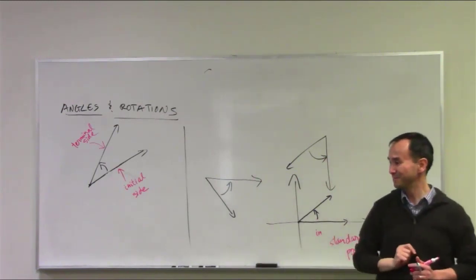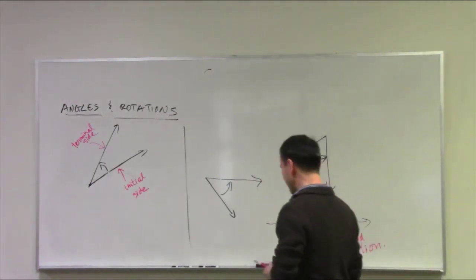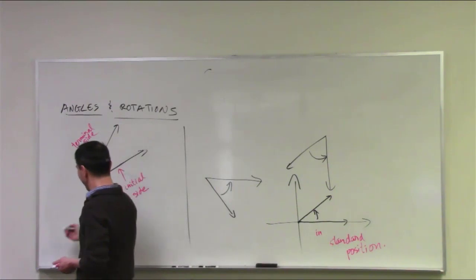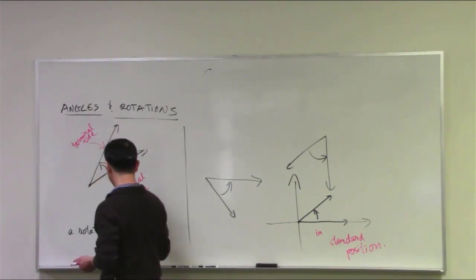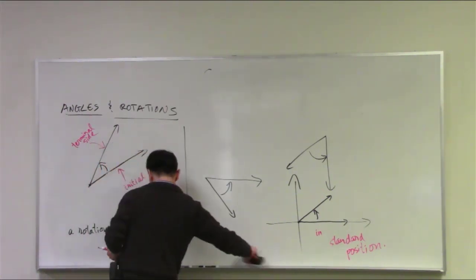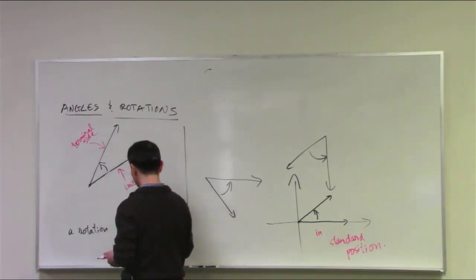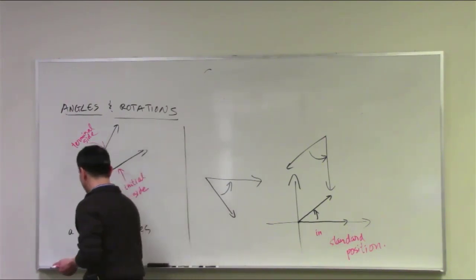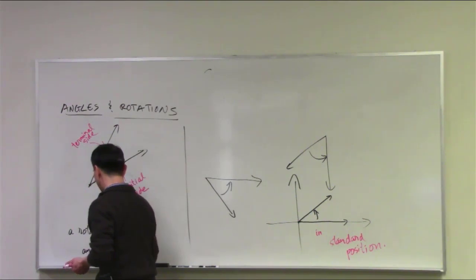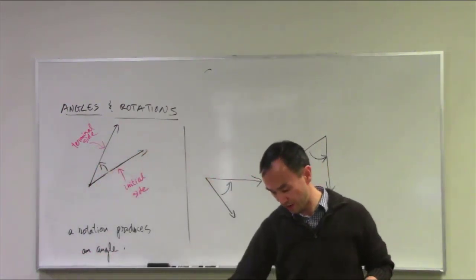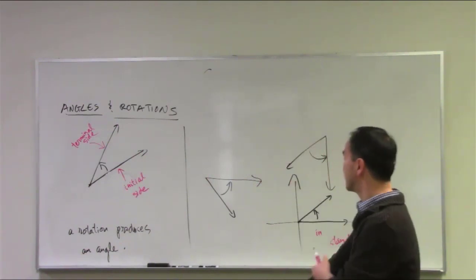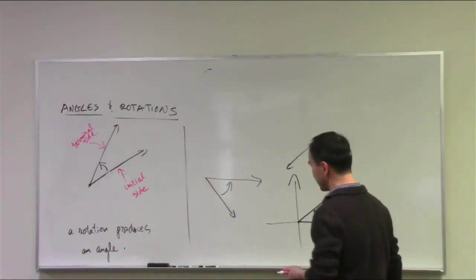At this point you can put down one observation: a rotation produces an angle. We're rotating that terminal side away from the initial side, and it produces an angle.